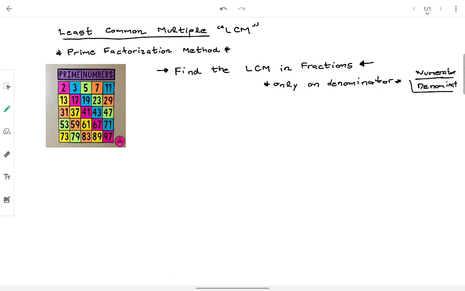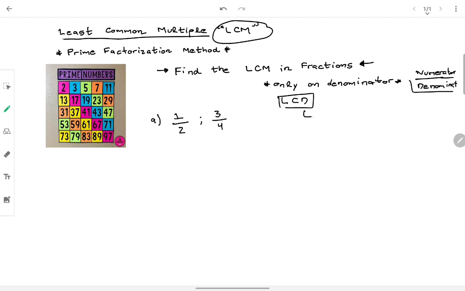So let's see what we need to do if we got two fractions, how to look for the least common denominator. So if we have two fractions, like, I don't know, 1/2 and 3/4. If we are going to look for a least common denominator in fractions, it's also called least common denominator, but it's the same process to look for a least common multiple.